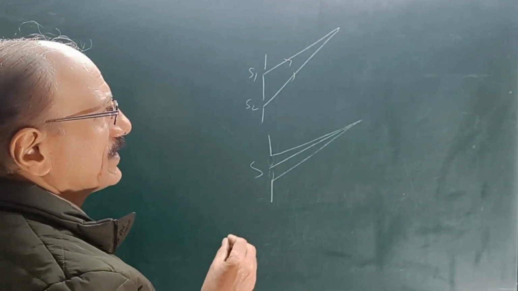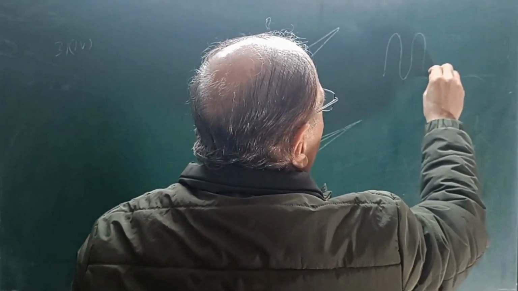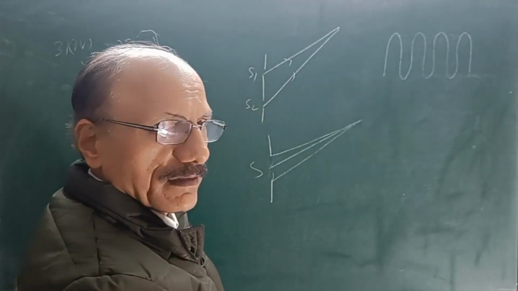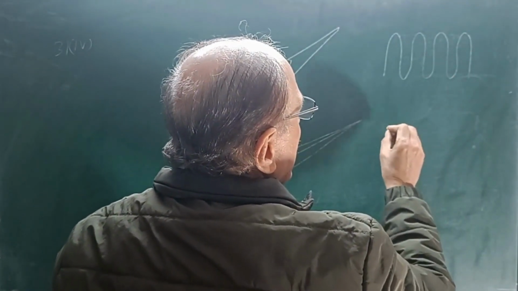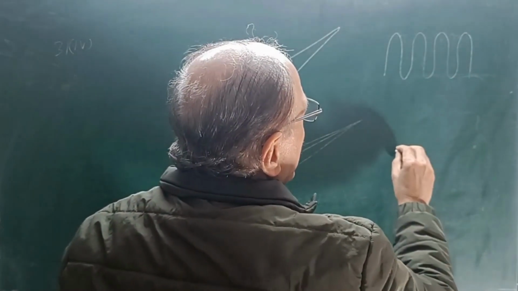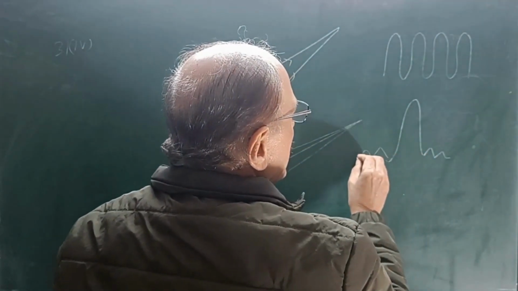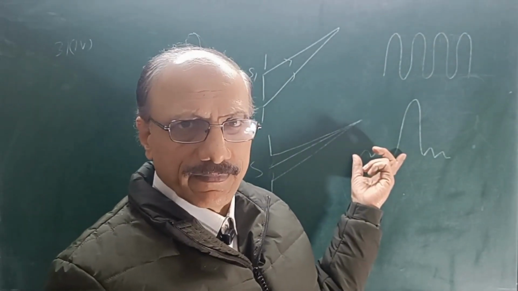The second difference is the intensity. In the interference pattern, the intensity of the maxima is the same, but in case of diffraction pattern, the intensity of the maxima is not the same.